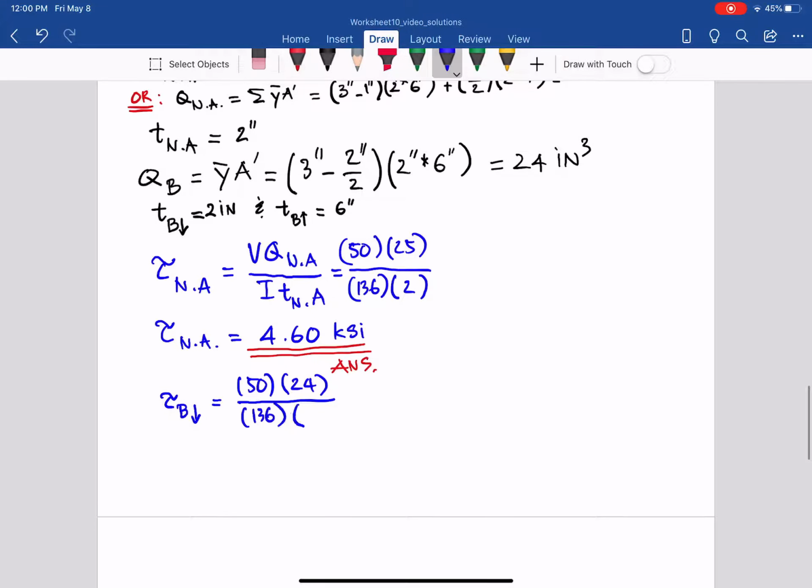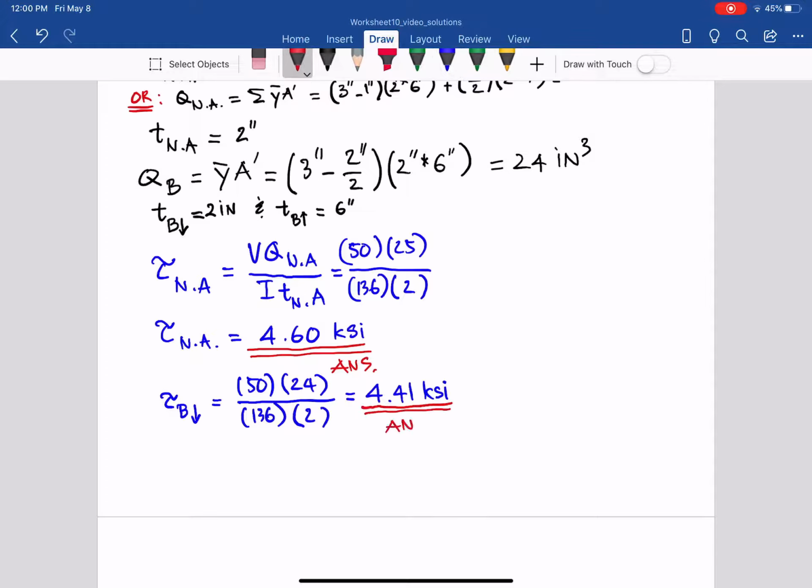But for t, that is for the web, so it's 2. So from that we get 4.41 KSI. That is the first tau B, as you can see in the section, the answer.